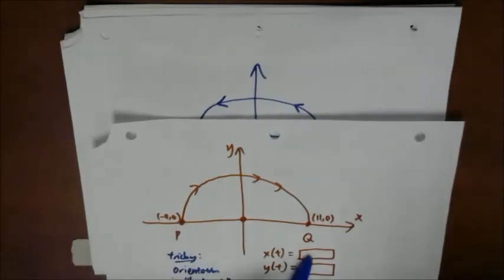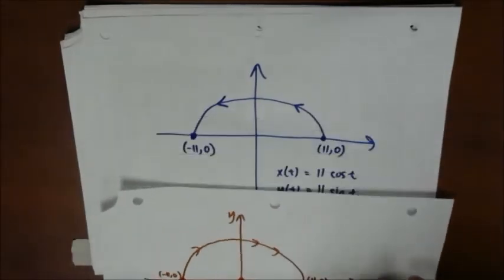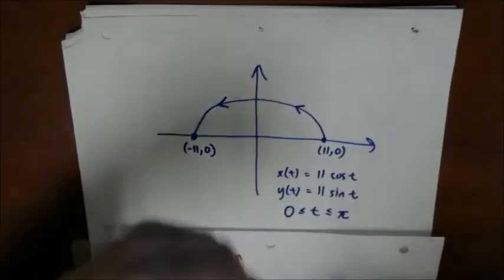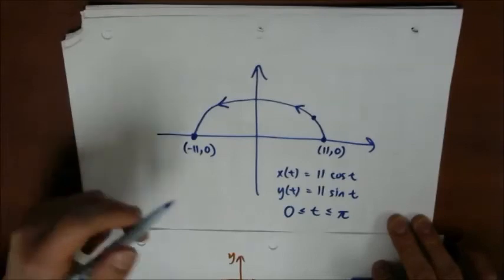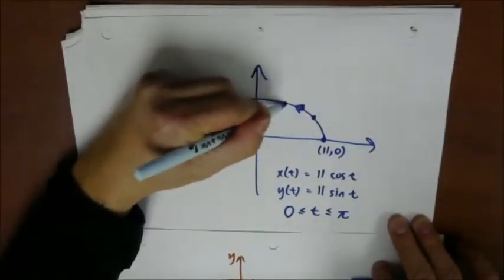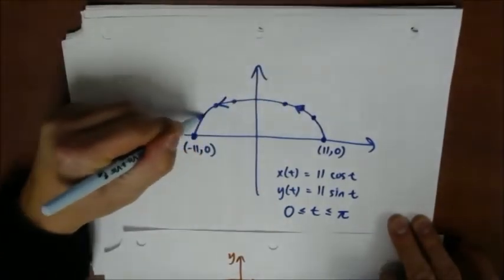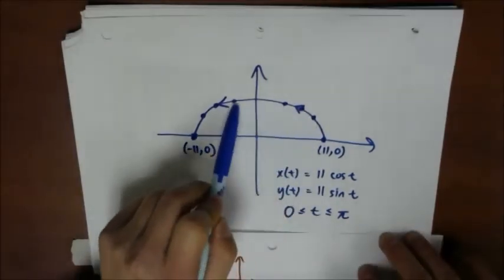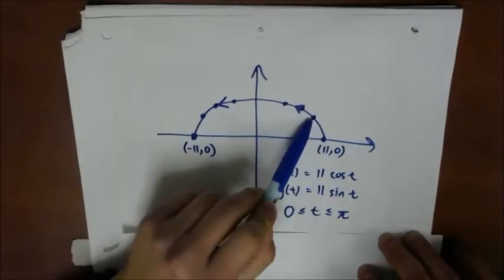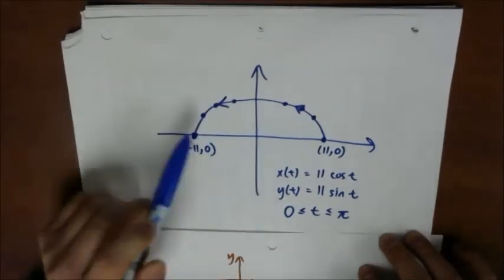Notice what's off about these. I suggest you go back here, look at some known t values, like pi over 6, pi over 4, pi over 3, some angles on the unit circle, and look at the evolution of the points along this path.